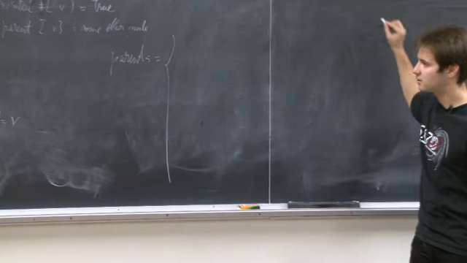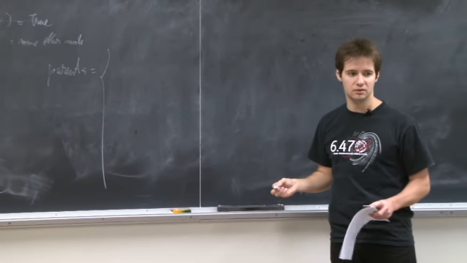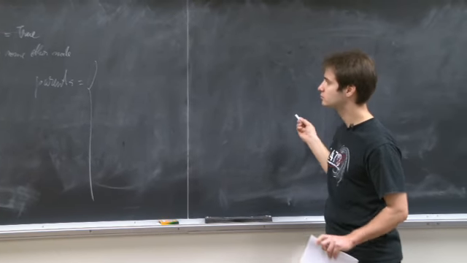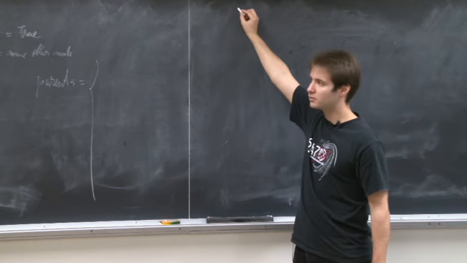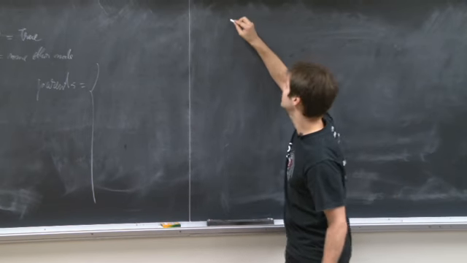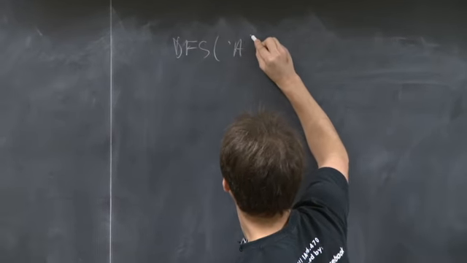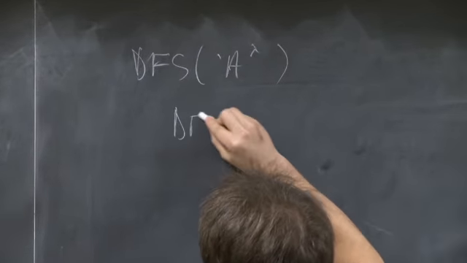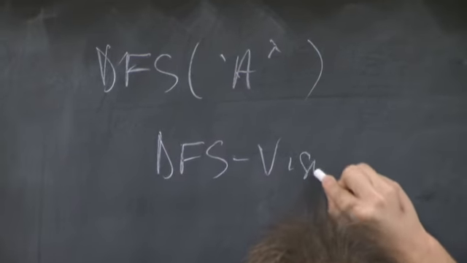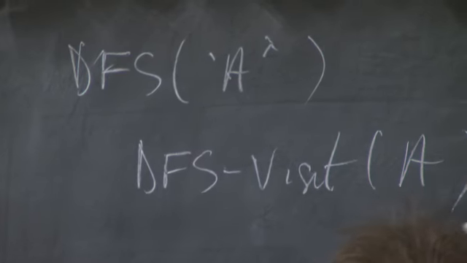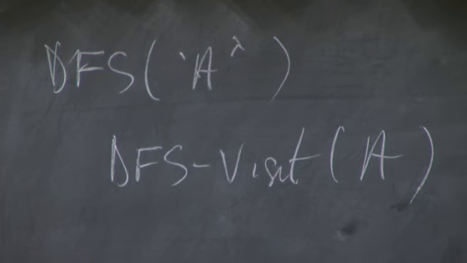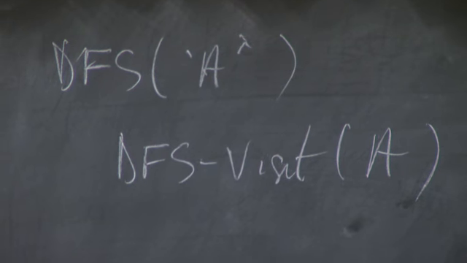And here let's write the call structure as it would happen. Where do I start? DFS of A, right? DFS of A. And this is going to call DFS visit A. What are A's neighbors? B and G.